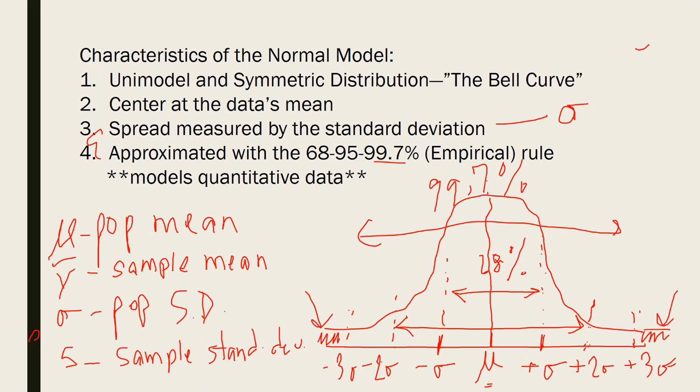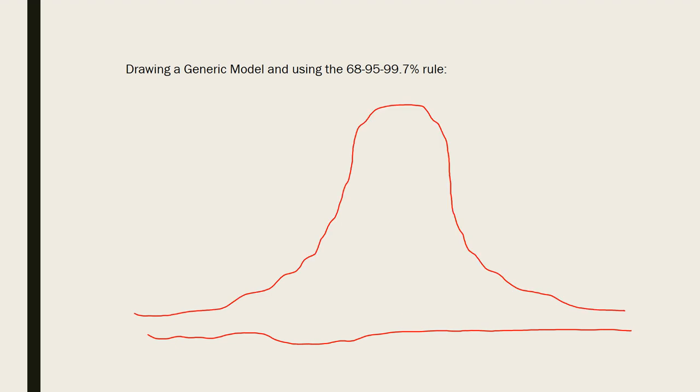And again, let's draw a generic model using the 68, 95, 99% rule. What we can do is divide these into more specific intervals. Alright, so here's the center. Here is 1 standard deviation above.